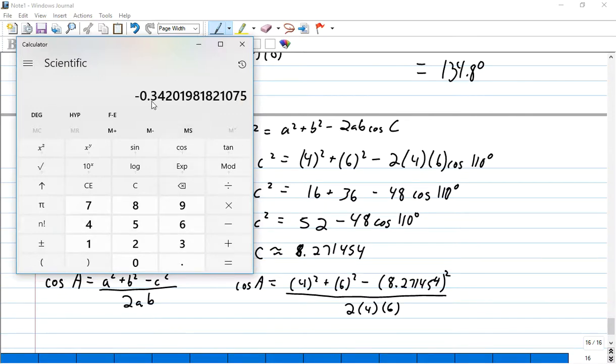And now I have to take the inverse cosine of this. So second cosine, and it looks like this rounds pretty easily to 110.